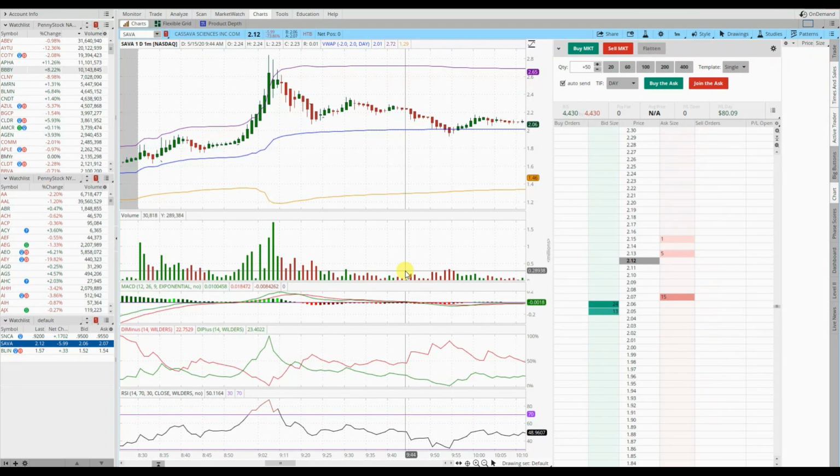Because you can have an indicator telling you this is a perfect entry, and you have another indicator telling you that it's not. And that changes based on what time frame we are talking about. If you are in a 1 minute candle, a 5 minute candle, or whatever candle it is, it will change.